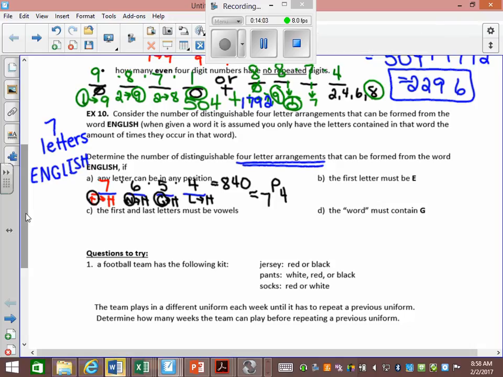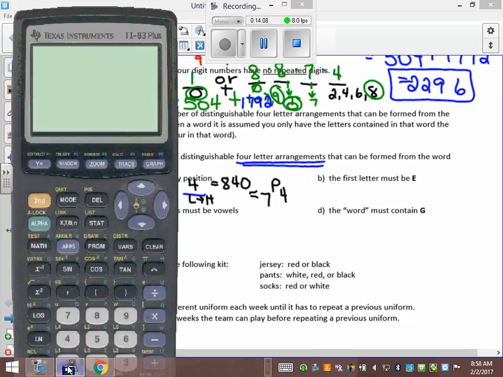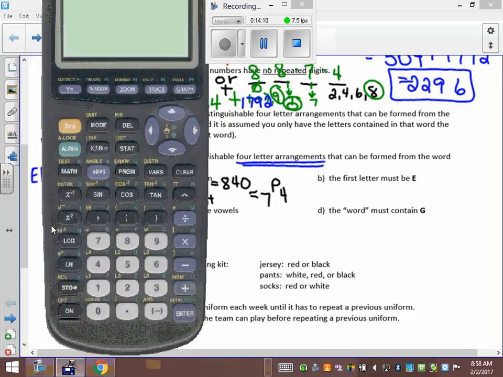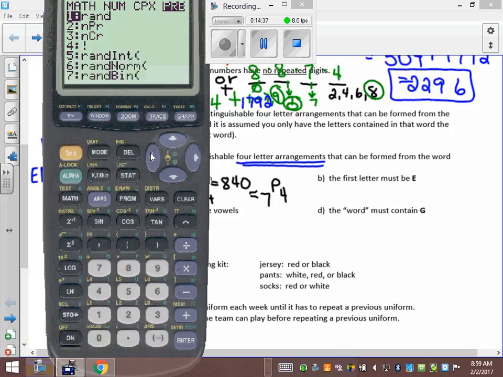Good question. So how are we going to type this in? We need to know how to type it in our calculator because instead of 840 as the answer on the diploma, they might give you 7P what, and you'd have to tell them what that is, right? Okay, so we're going to type 7, then math, again, back to that same spot we were yesterday. Math, left arrow, back to probability.